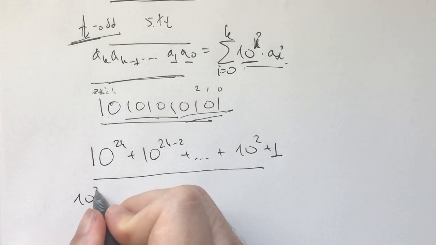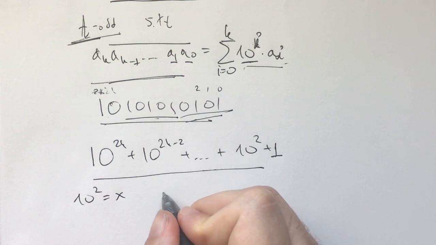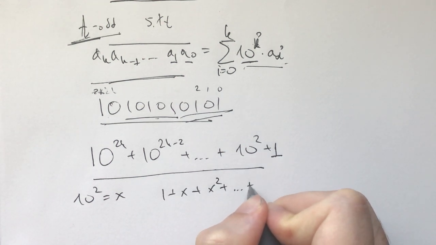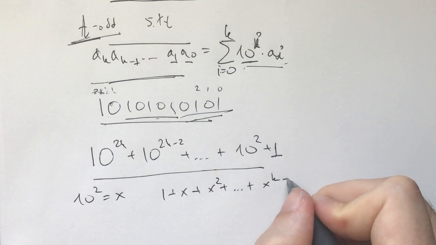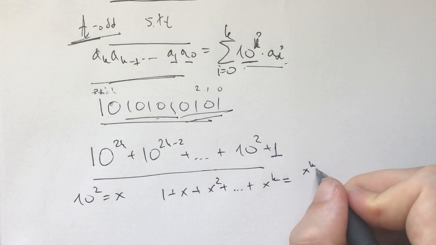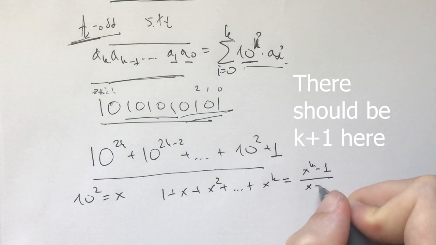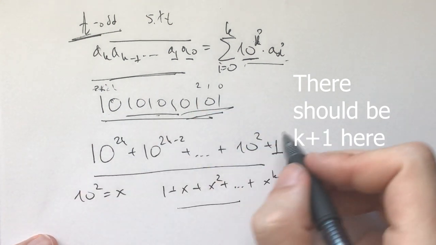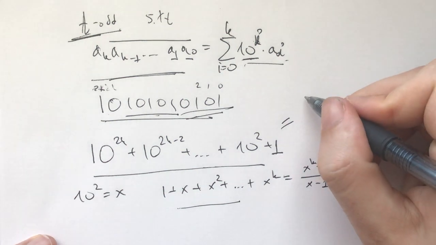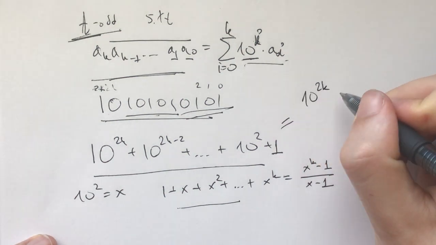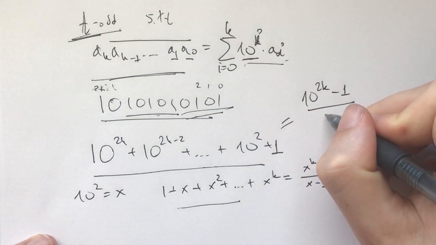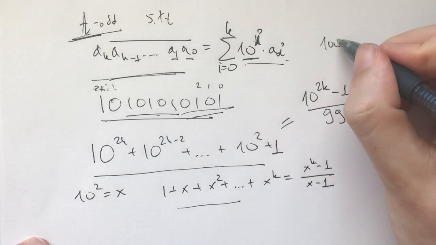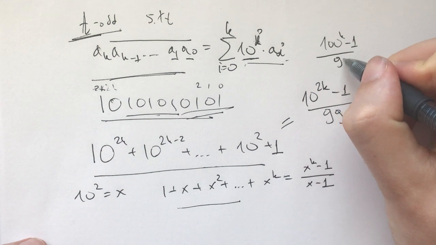Well, if we write 10 squared is equal to x, this is 1 plus x plus x squared plus all the way till x to the k minus 1, which is equal to x to the k minus 1 over x minus 1. And now with this, we have that this whole expression is 10 to the 2k minus 1 over 99. So it's 100 to the power of k minus 1 over 99.